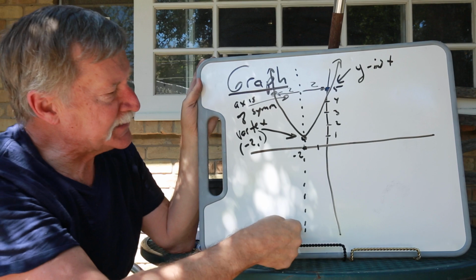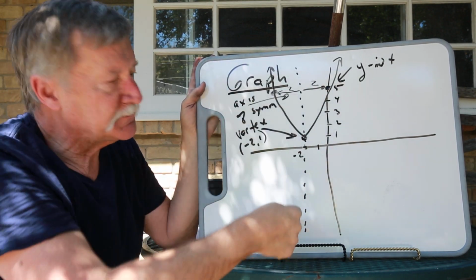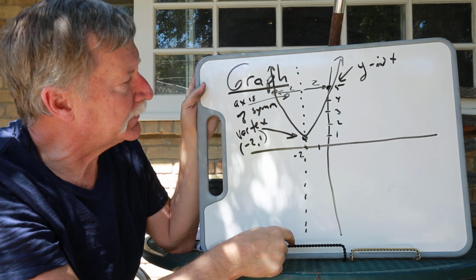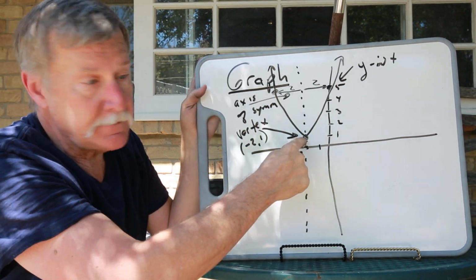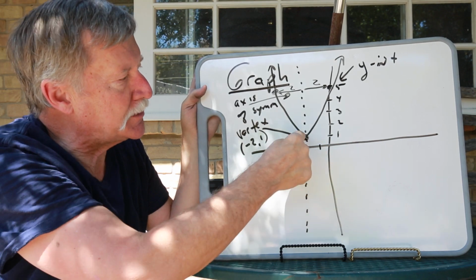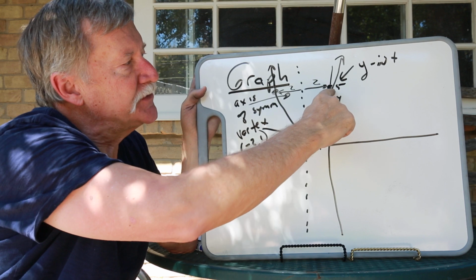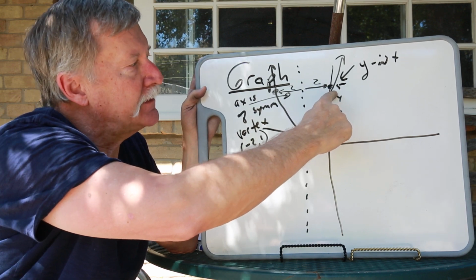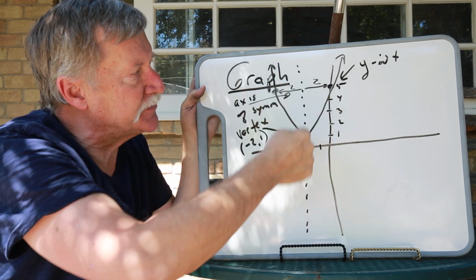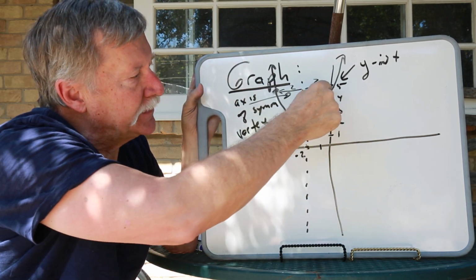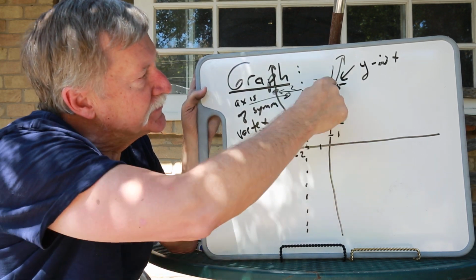We have the axis of symmetry, x equals minus 2. We draw a dotted line there. We found the vertex point, minus 2, 1, right there. Minus 2 on the x, 1 on the y. We found the y-intercept, where it's going to cross at 5 here. And we see that from the axis of symmetry, this intercept point is 2 units away.